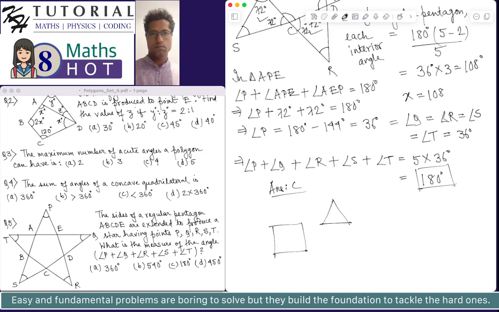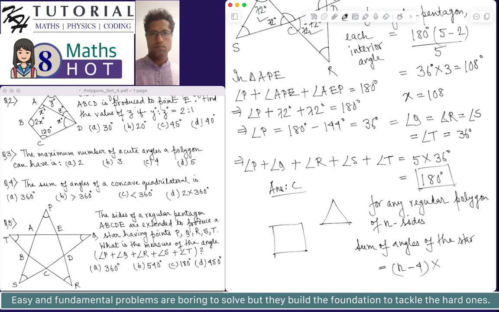For any regular polygon of n sides, the sum of angles of the star, which is formed by extending the sides, will be equal to n minus 4 multiplied by 180 degrees.